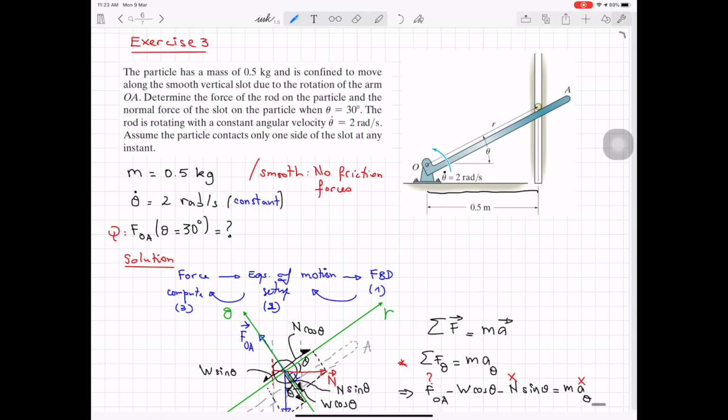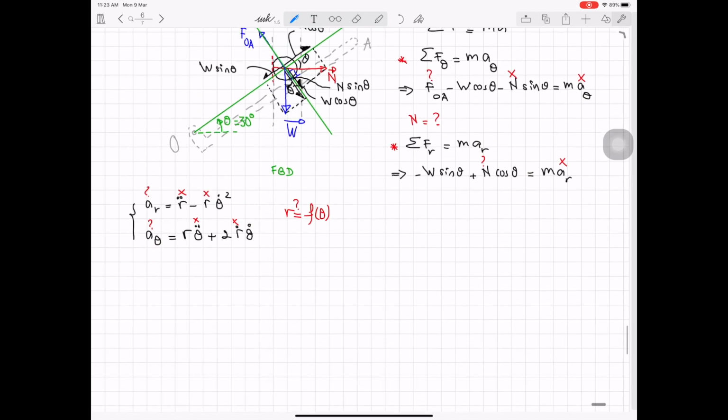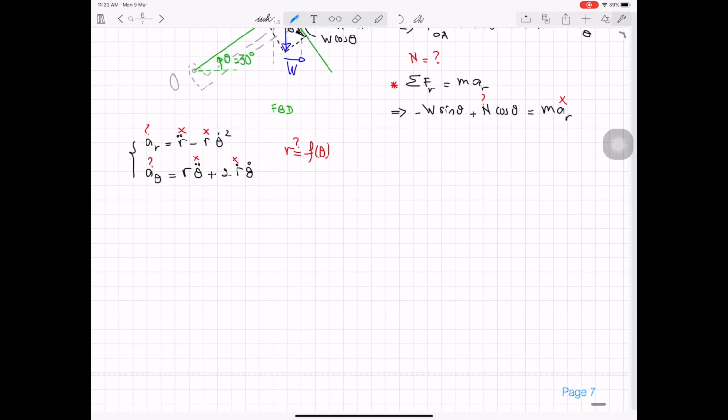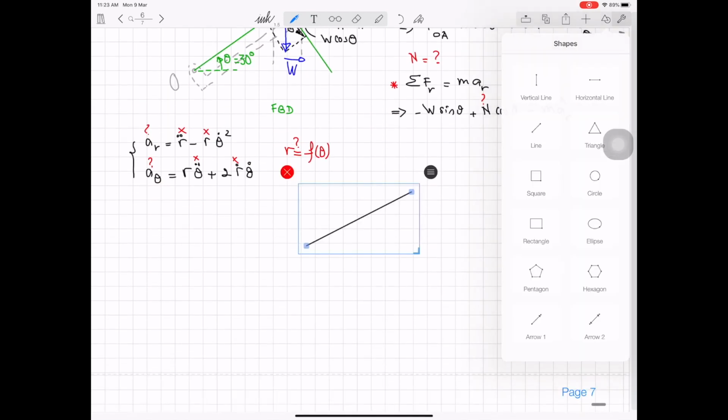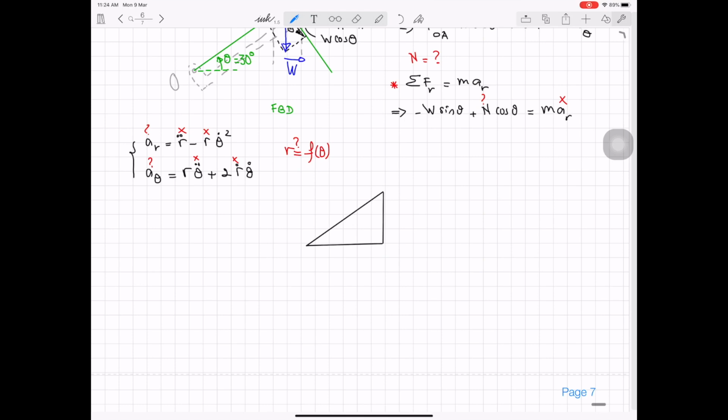So we can draw here our triangle. We have here r and this angle theta, and this side length is 0.5 meters. So if you calculate the cosine of the angle theta, cosine theta is equal to the adjacent, which is 0.5, divided by r.